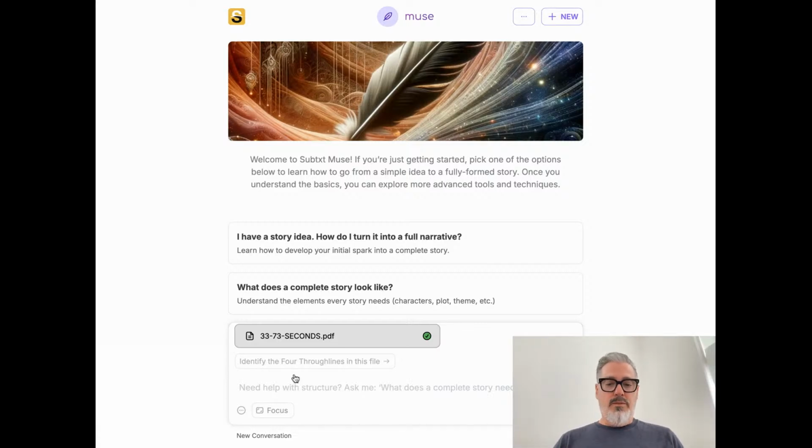Hopefully this will work. I'm going to add a little button here, because that's typically where you start off when you're doing analysis: looking at the four throughlines. You want to break apart the script into the different points of view that the author set up.